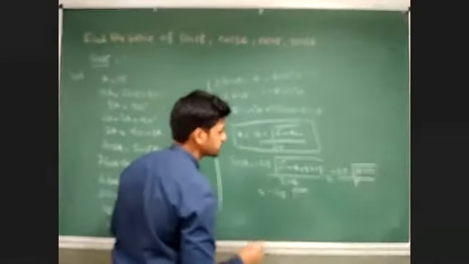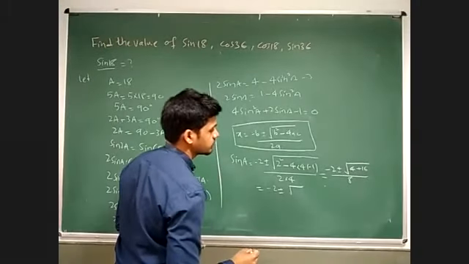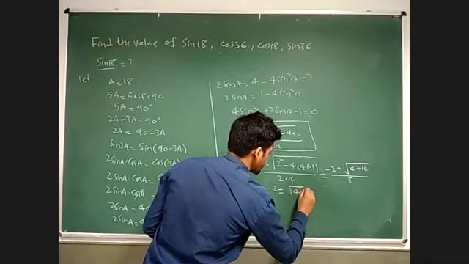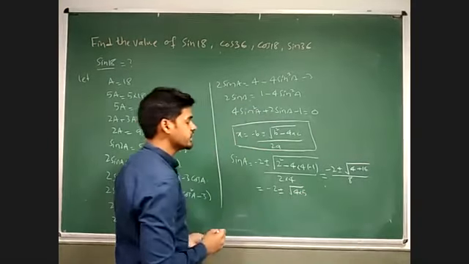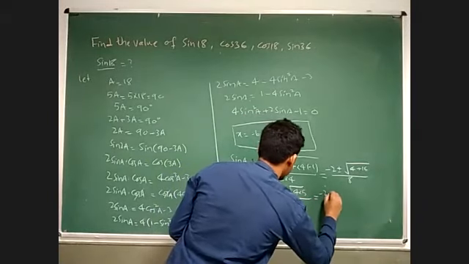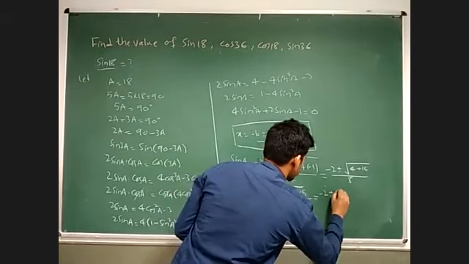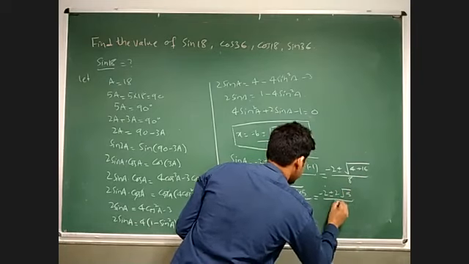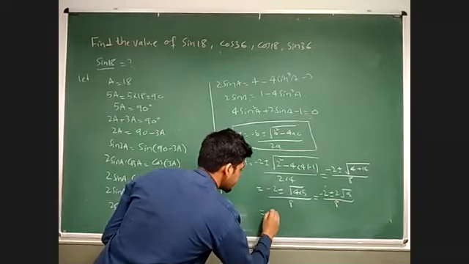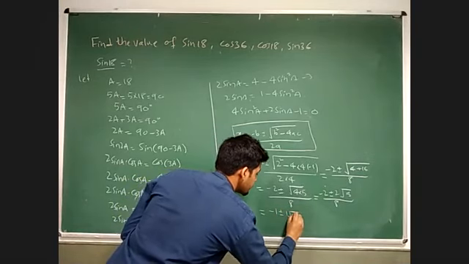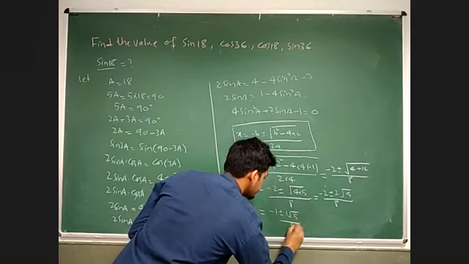I can write root 20 as 2 root 5, so 2 comes outside. So I can write minus 1 plus or minus root 5 by 4, over 8 in total.